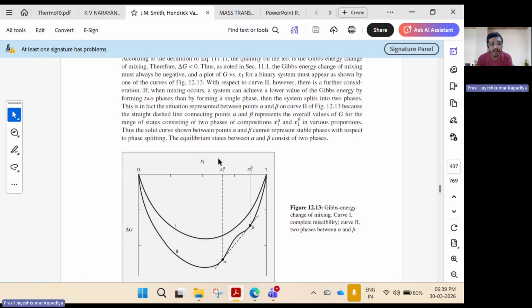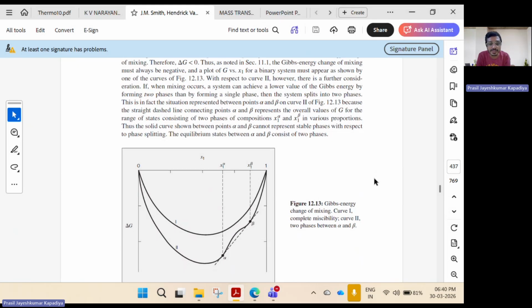This is in fact the situation represented between points alpha and beta, which represents the overall values of G for the range of states consisting of two phases of composition x1 alpha and x1 beta in various proportions. Thus the solid curve in this zone between alpha and beta cannot represent the stable phases with respect to phase splitting. The equilibrium states between alpha and beta consist of two phases.